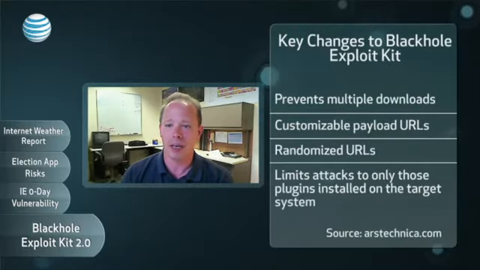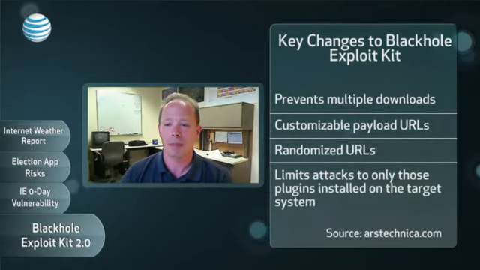They just released a new version that I wanted to make people aware of. There are a lot of important things to take note of about how it's changed. In the previous version, they had a fixed URL that we all knew to look for. So you could look for URLs that ended in /main.php with a variable name equals something.